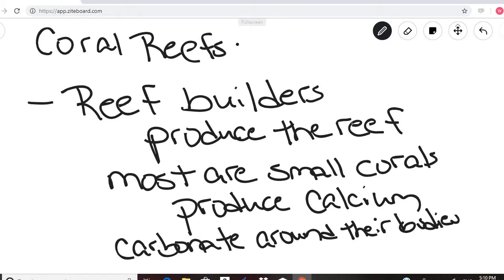And so this calcium carbonate is the rock of a coral reef.